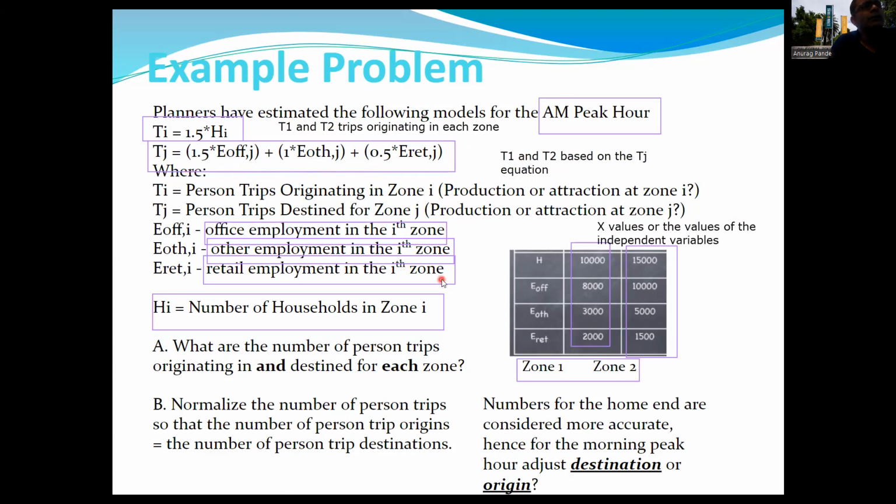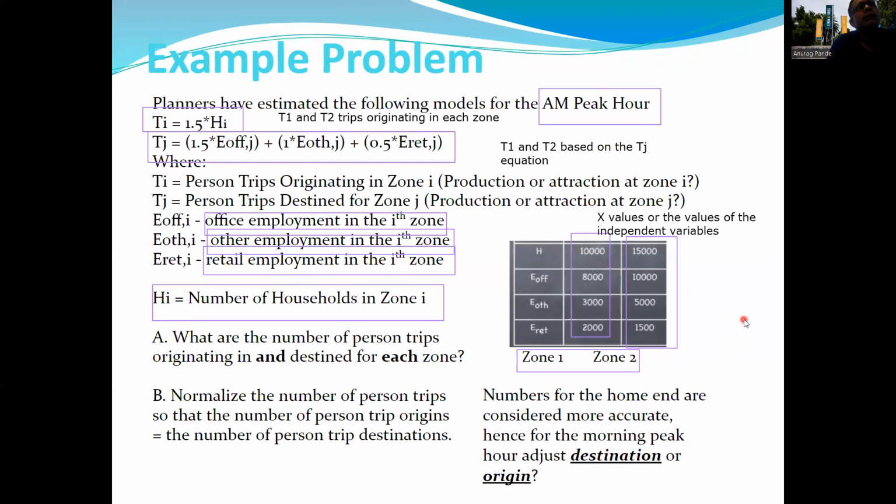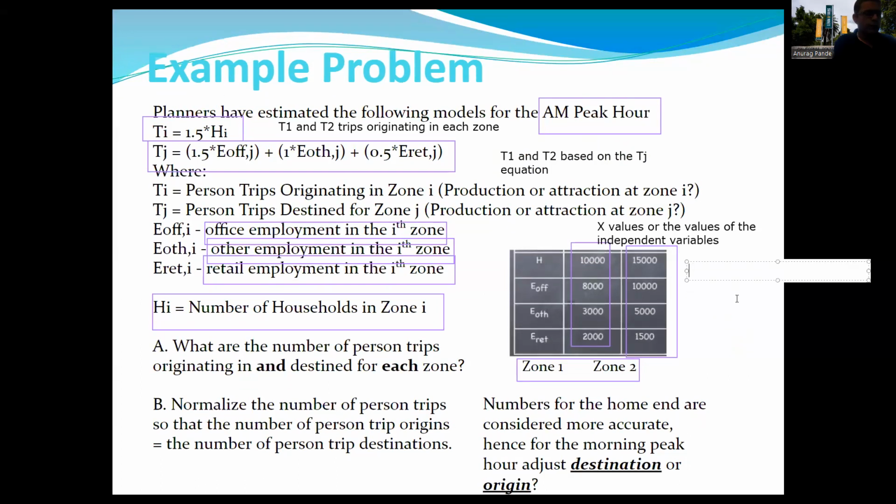Okay, let's get on with it. If I'm trying to figure out household values, I can figure out T1 originating, and then I can do the same thing for T2 originating trips as well.